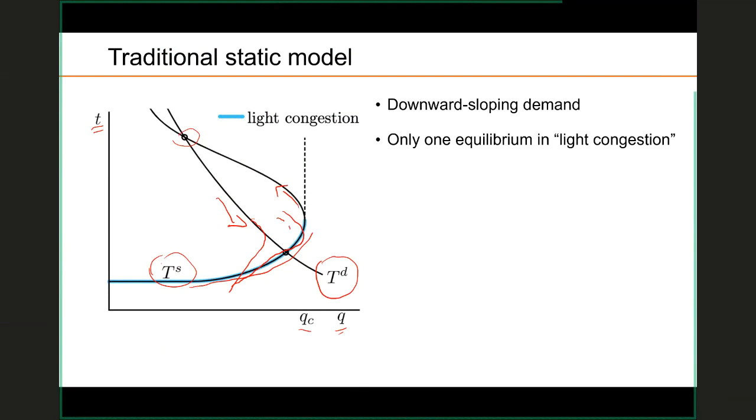So this gives us the exotic results that follow from multiple equilibria, even in the somewhat more common case of just light congestion. Light congestion is the traffic flow regime where travel time and flow increase together.